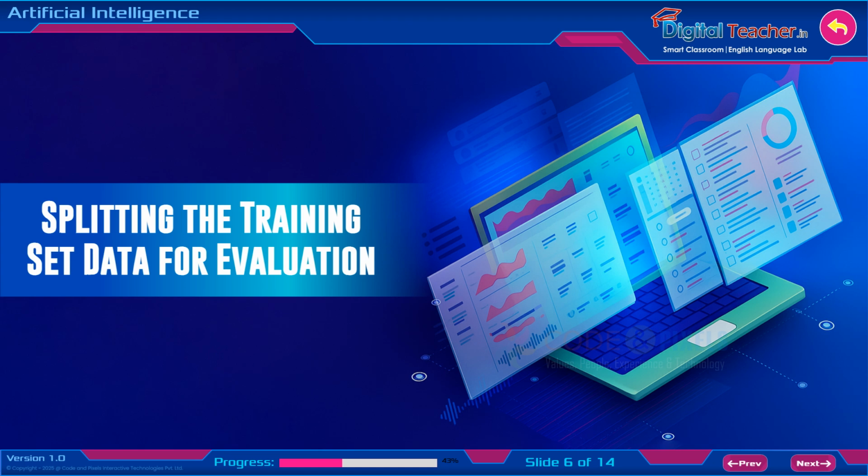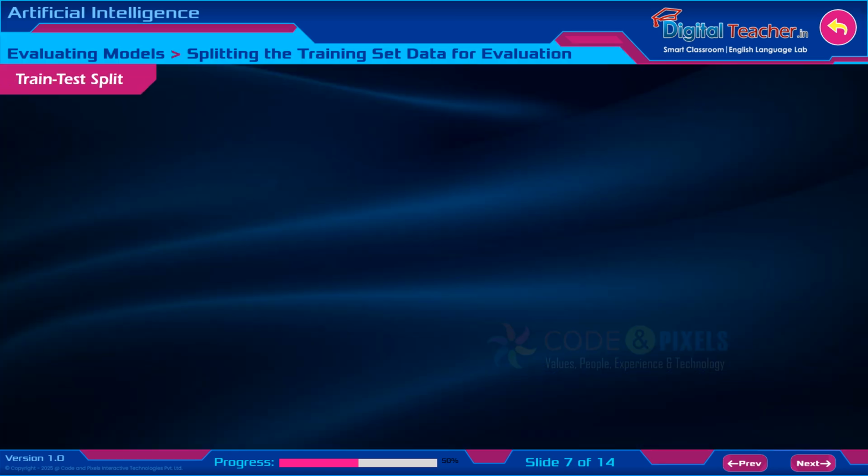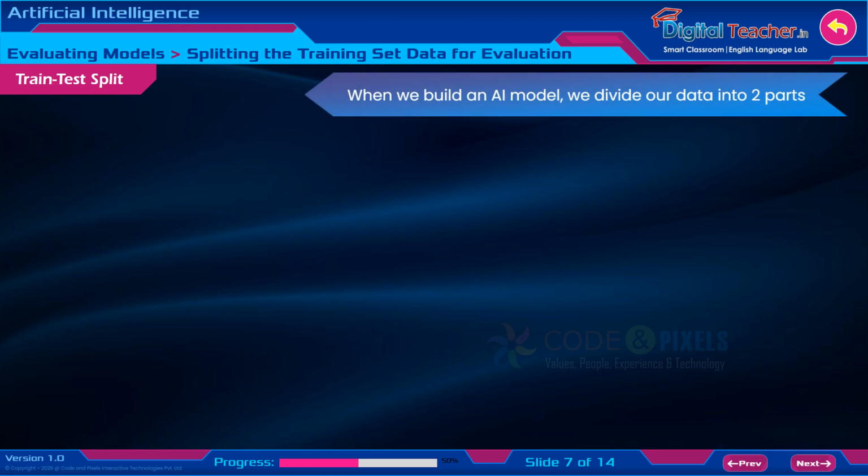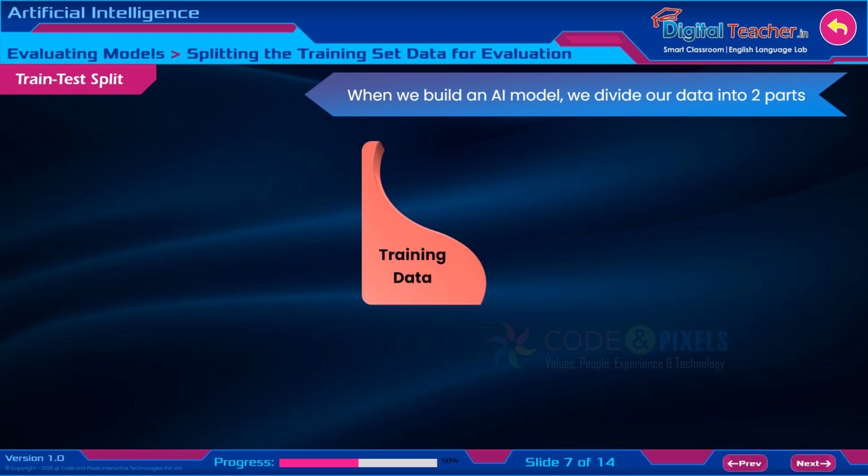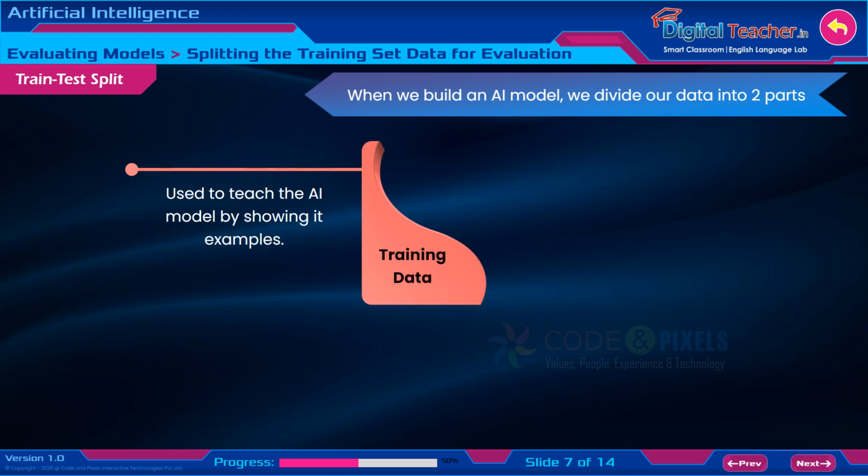Splitting the training set data for evaluation. Train-test split. When we build an AI model, we divide our data into two parts. Training data, used to teach the AI model by showing it examples.